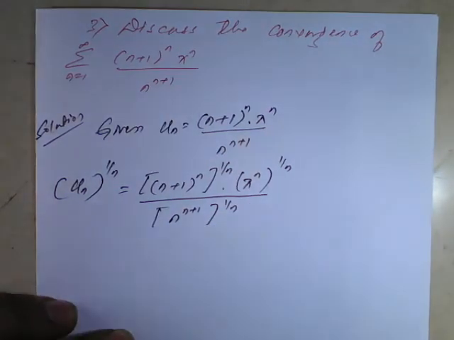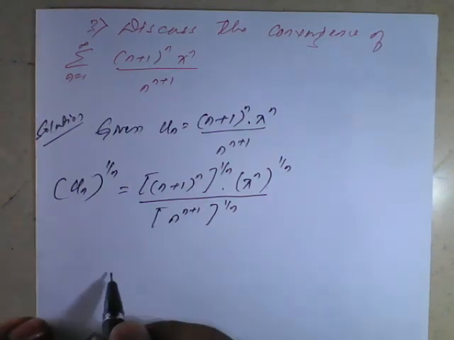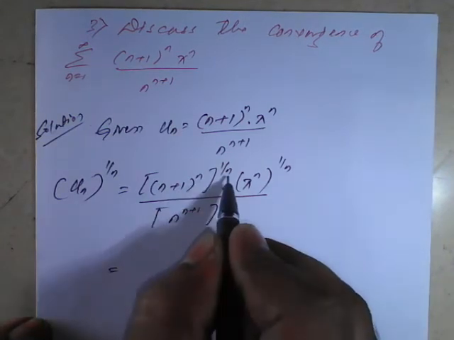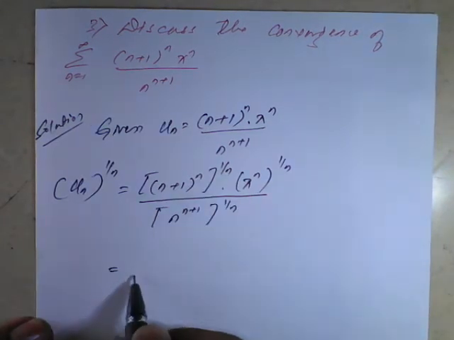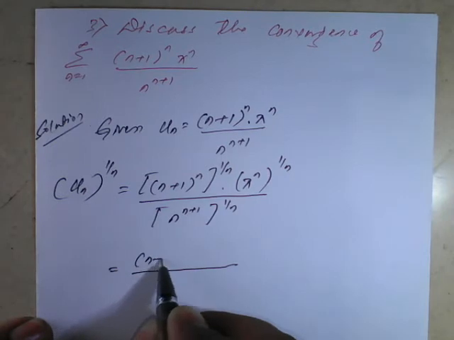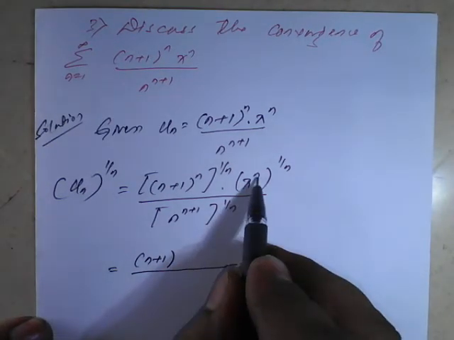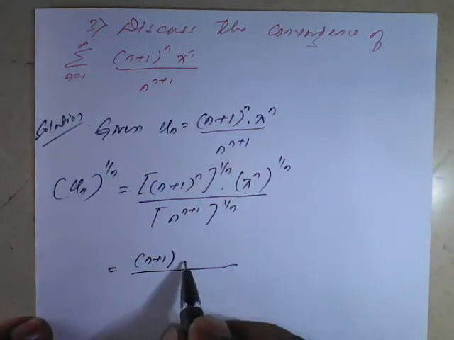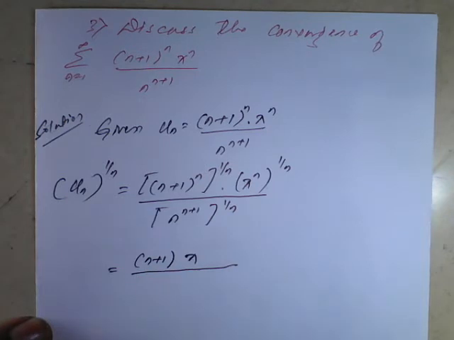We have to take the power 1 upon n on both the sides. So we'll simplify this. On simplification, this n and n get cancelled. We are going to be left with n plus 1. Here this n and n is going to cancel. So x remains.